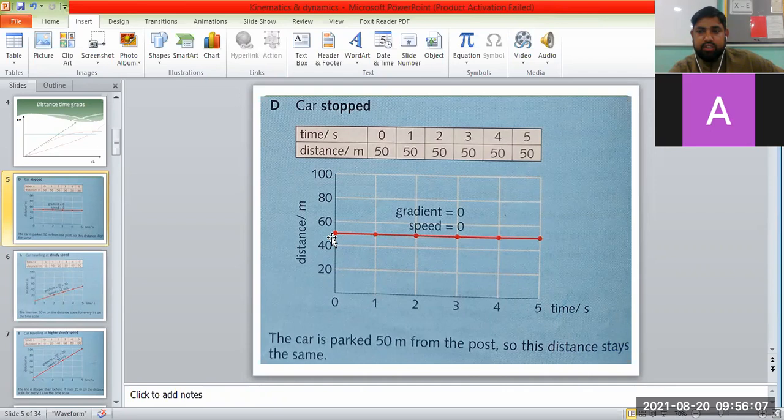So the quantity on the y-axis is constant. So can we say that the object is stationary? It's not moving. Yes. Okay, so a horizontal line in a distance-time graph means the object is stationary.